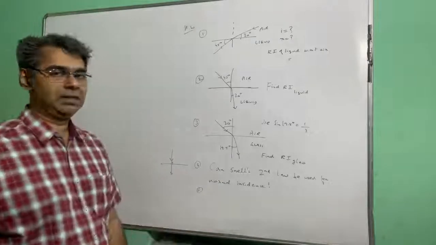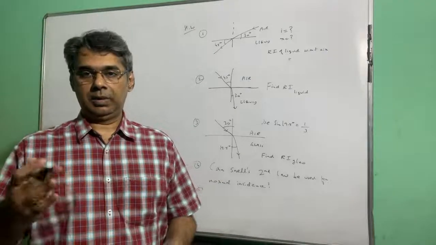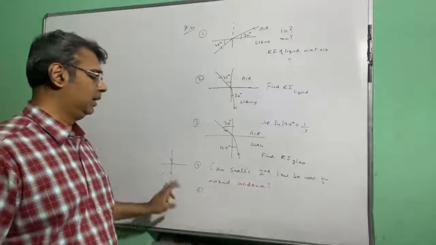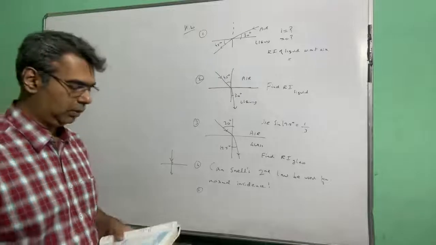Normal incidence means that the incident ray is striking the boundary of the two mediums along the normal, so the incident ray and the normal both are the same. So can you use Snell's law in this situation? That is question number 4.